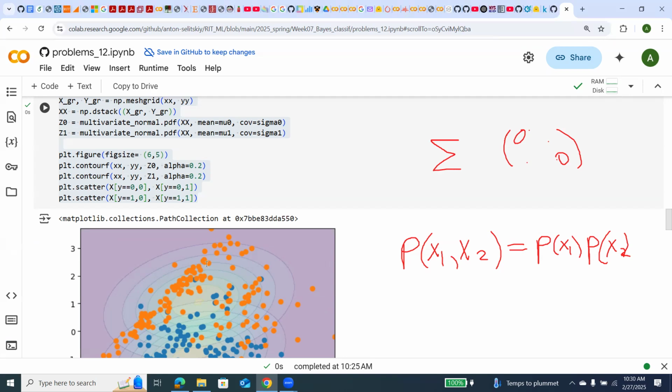So here we had 4 numbers, and here we have just 2 numbers and 2 numbers, so 4 numbers in total, parameters.